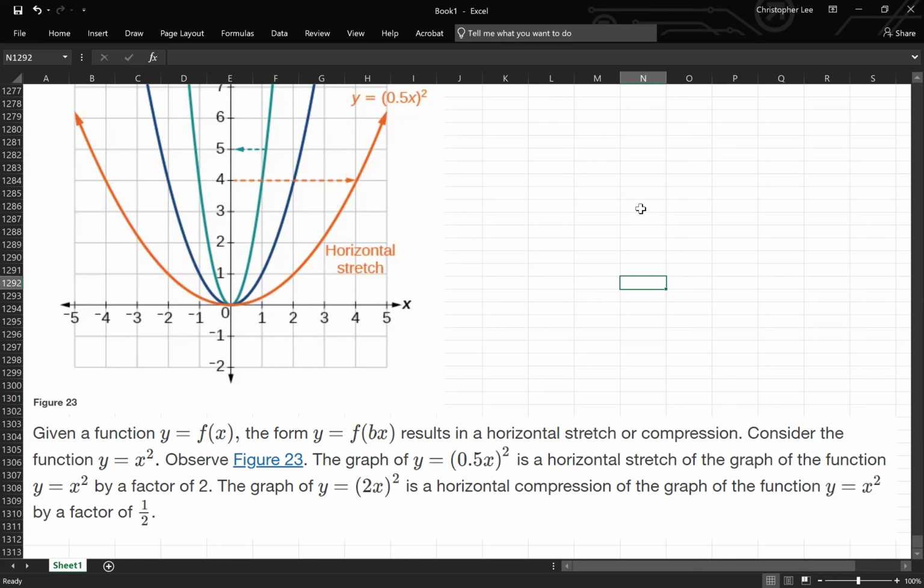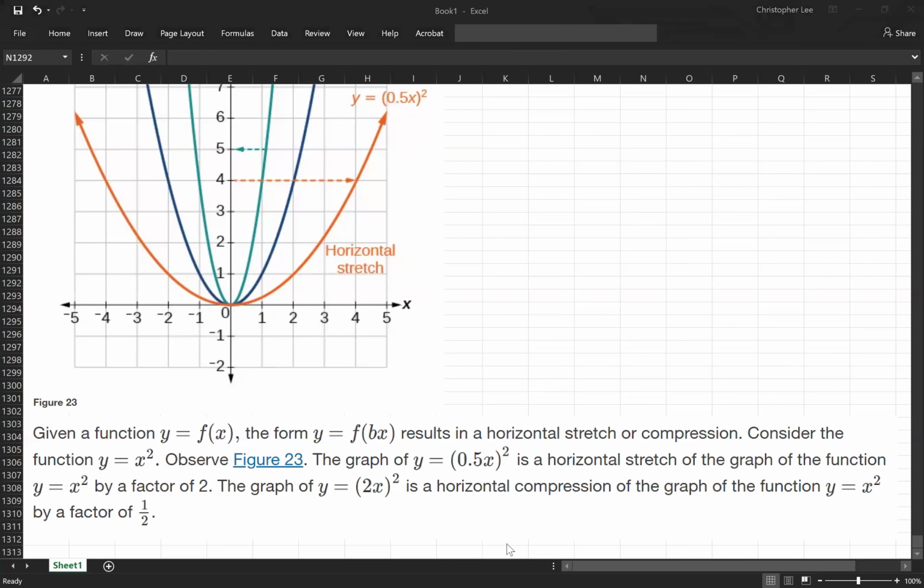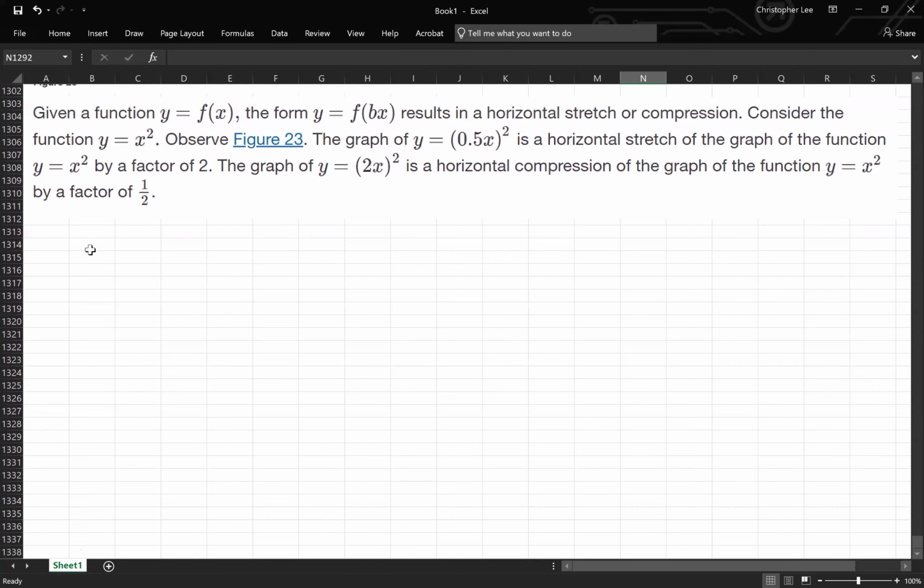The graph of y equals 2x is a horizontal compression of the graph of the function y equals x squared by a factor of half. All right. A little bit of a reverse. Give y'all a little bit of definition real quick.